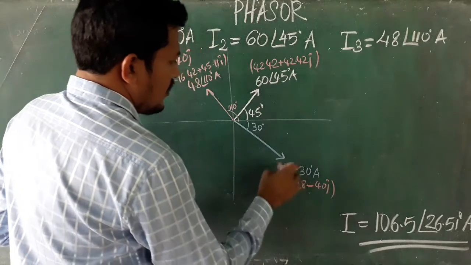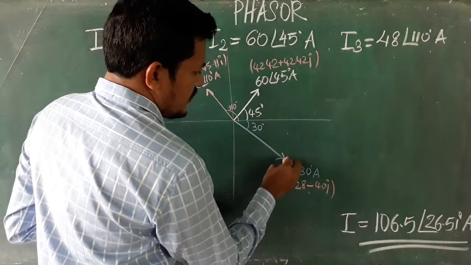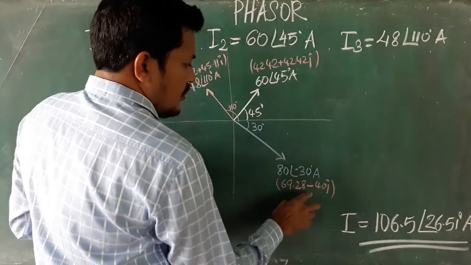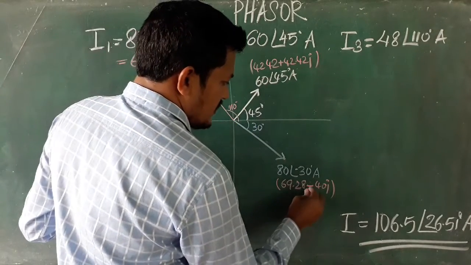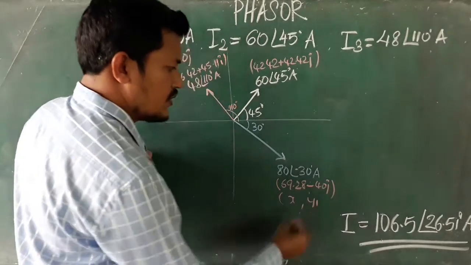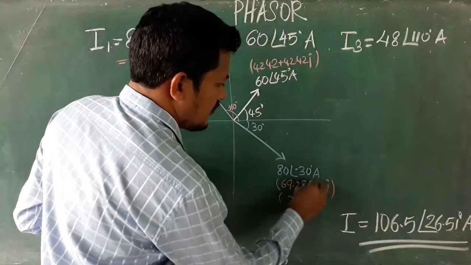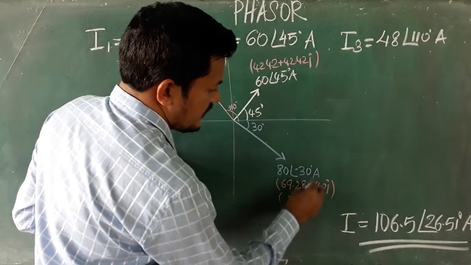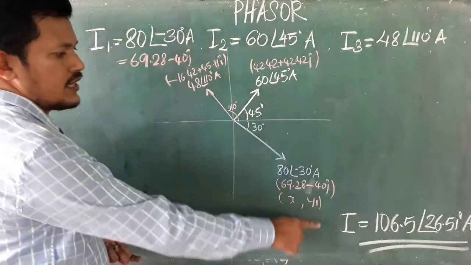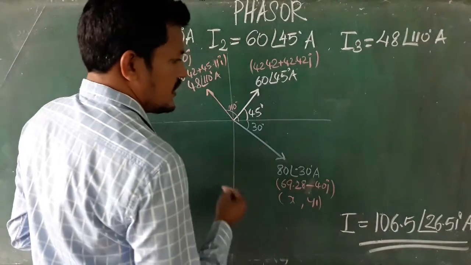Or actually this one is denoted as one point, that is 80 at an angle minus 30. So instead of minus we can write x and yi. Clear. This one is also okay. So you can write the minus sign here also, or directly minus sign, no problem. Both are the same. So now the total current is I equal to 106.5 at an angle 26.5.